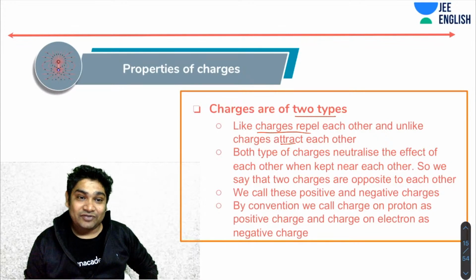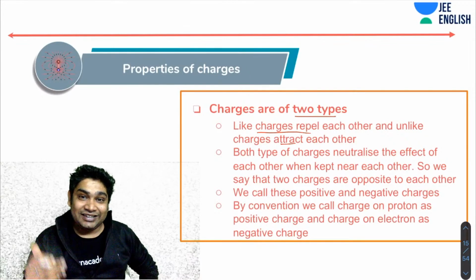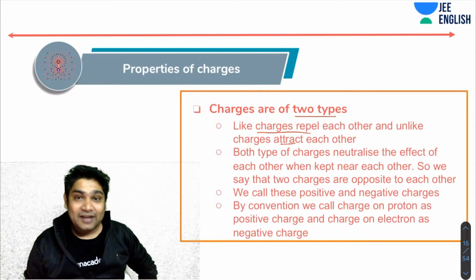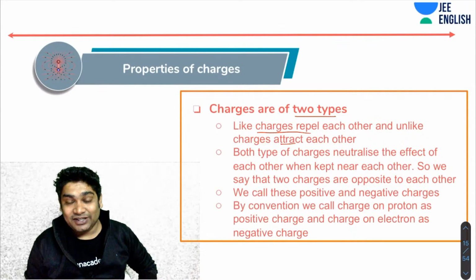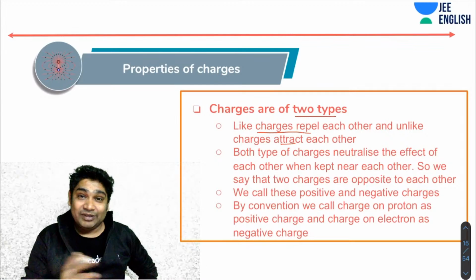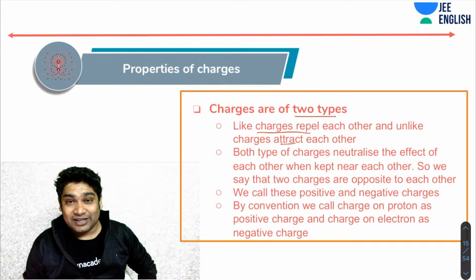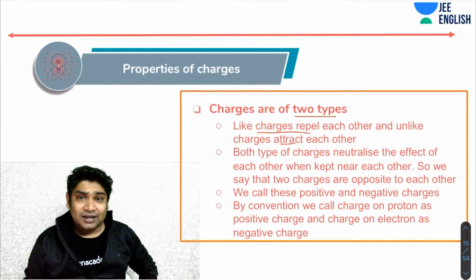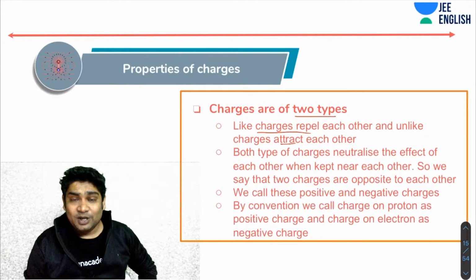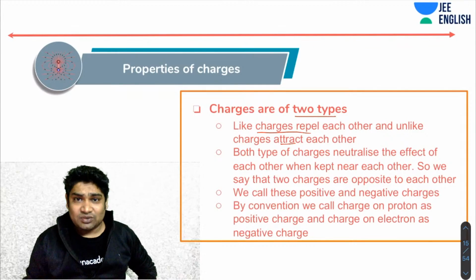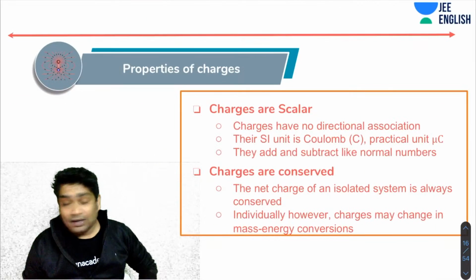When people decided for the first time, they said, okay, let's call the charge on the electron negative. If they had decided to call the charge on the electron positive, then you would have studied it the other way around. You would have said that electrons are positively charged and protons are negatively charged, and it wouldn't have really mattered in all your study. Who's positive, who's negative doesn't really matter. You have to assign one name to one, and this is what was decided by convention.